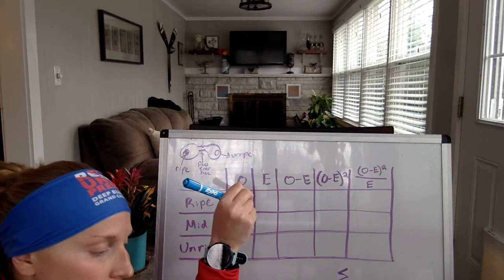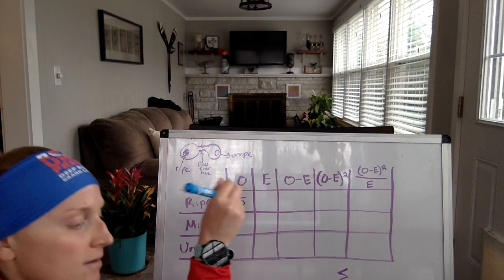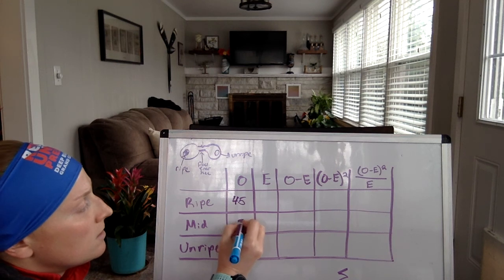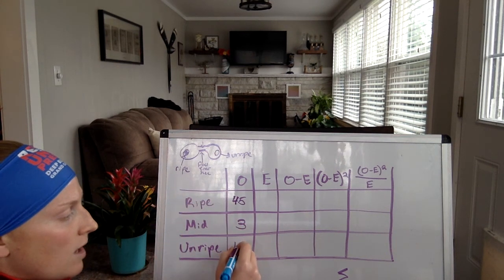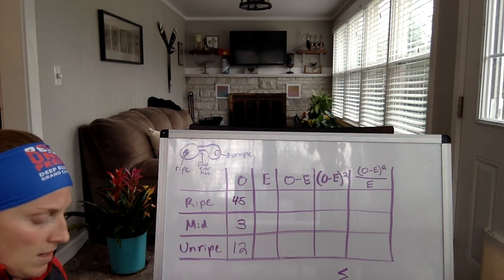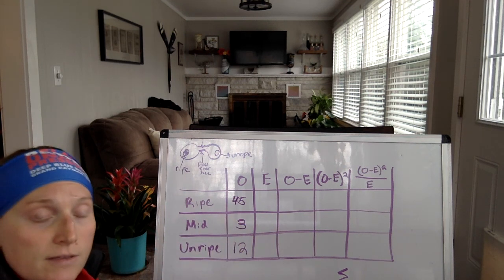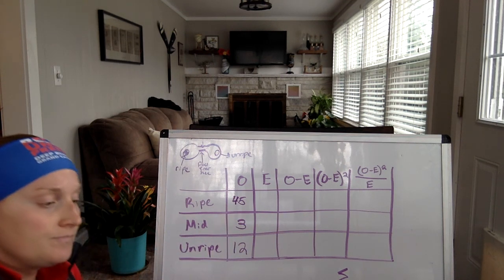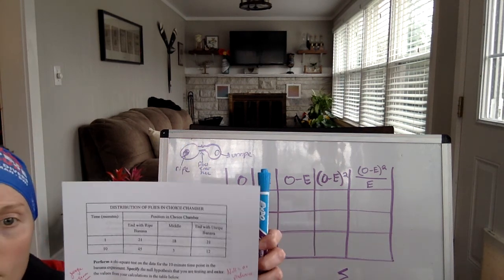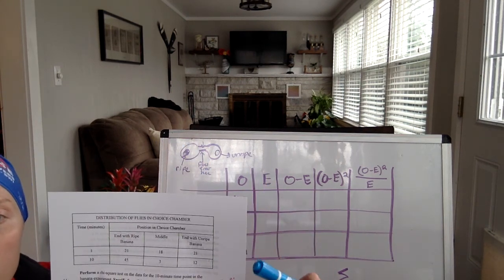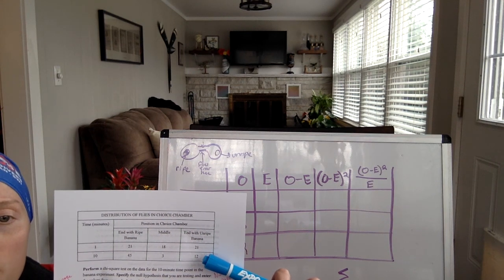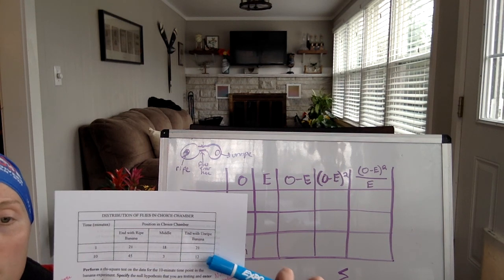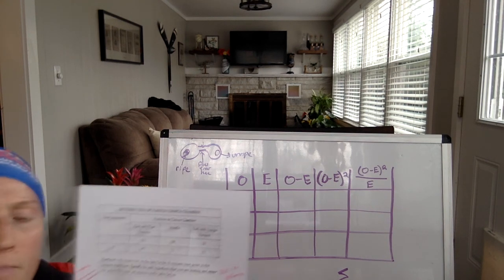The middle had 3, and the unripe banana had 12. Those are our observed, directly from the table, using that 10-minute time point interval.